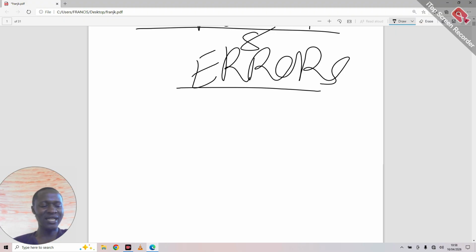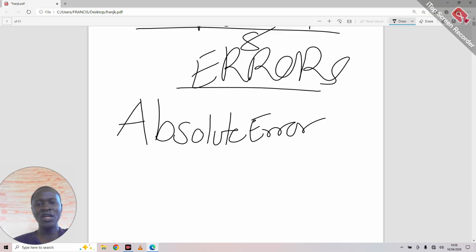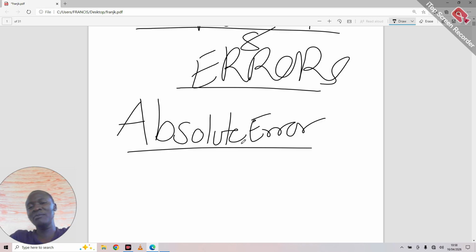There are some terms you will come across in this topic, approximation and errors, and the number one term we are looking at is absolute error.